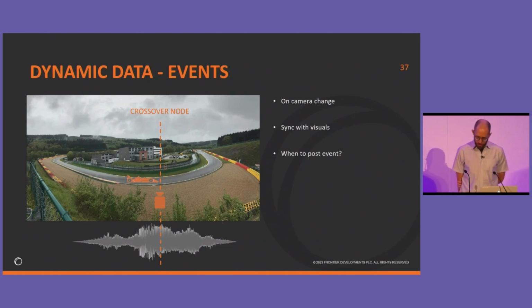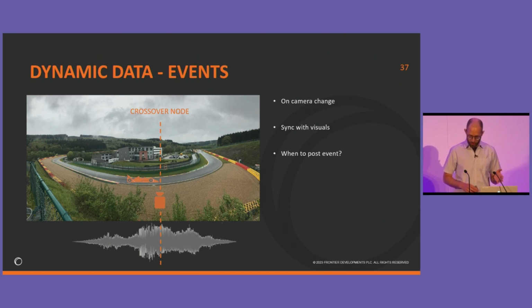So on to dynamic data. The main dynamic data we send, of course, is the events that get posted, and Wise will then choose us some audio related to that event. As we want the audio to sync with the visuals, we wait until the active camera changes in the game, and then we try and figure out when to post the event.